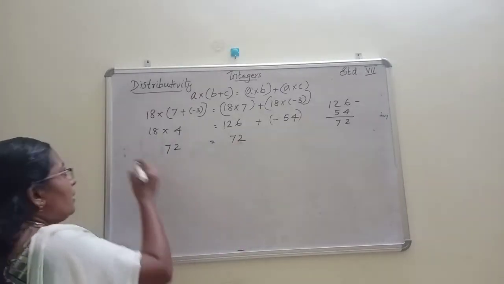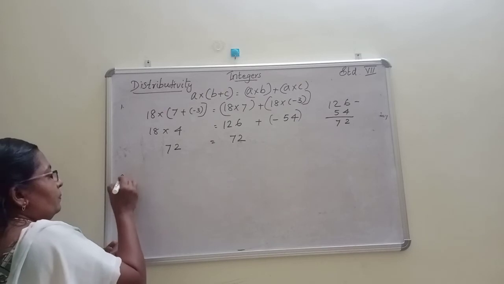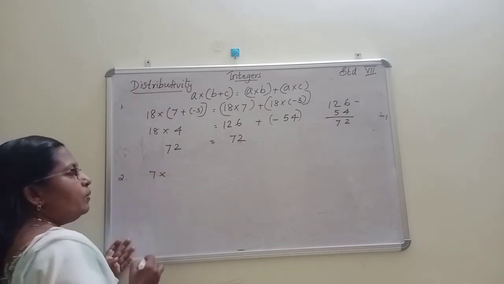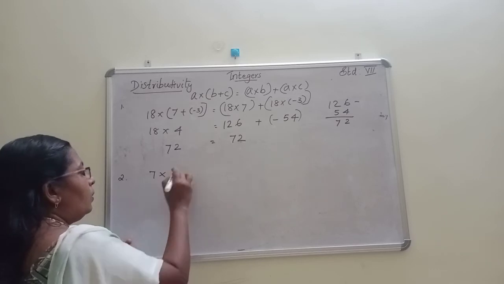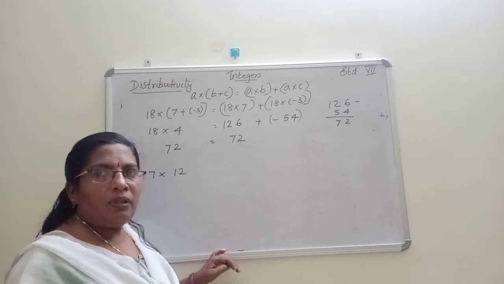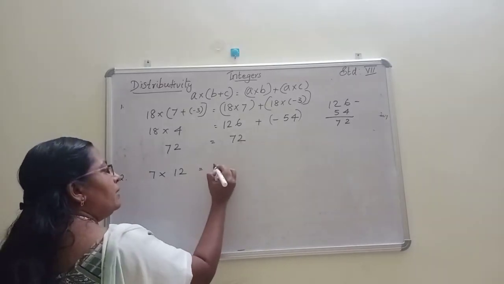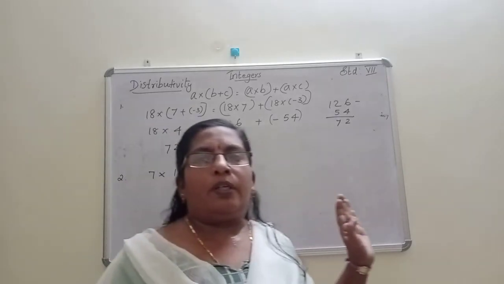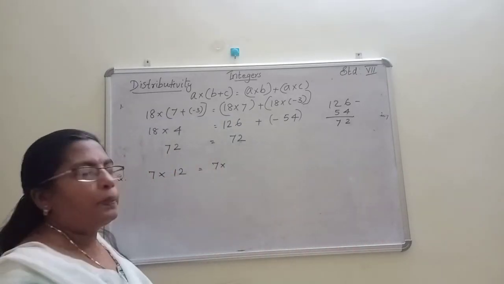Sometimes the question will come like this. Second question: 7 into 12. How to write 7 into 12? They will ask using distributive property. Find the product using distributive property.